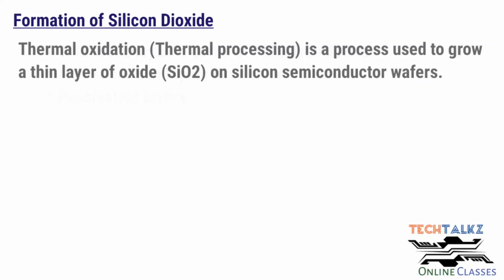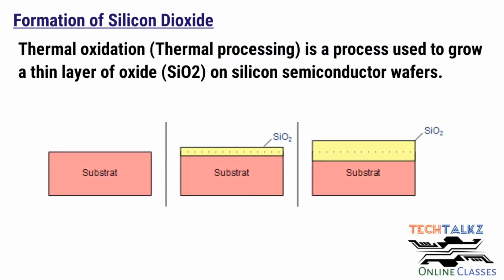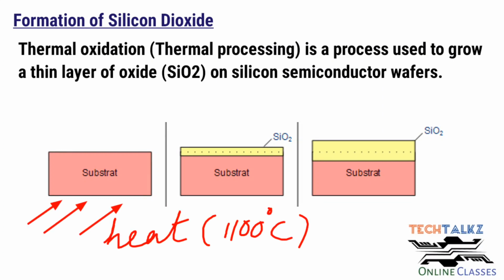Then silicon dioxide can be formed in different ways. One of the simplest methods is thermal oxidation. In this process, a clean silicon wafer is heated to a temperature of about 1100 degrees Celsius. Here an oxidizing agent like dry oxygen or steam is introduced. The oxygen penetrates through the substrate and the silicon reacts with the oxygen to form silicon dioxide.